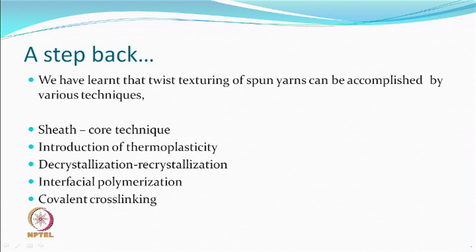Or, in the case of cellulosic, you can introduce thermoplasticity and use thermo-mechanical means. We can do it simply by solvents, decrystallization, recrystallization, in the case of any fiber for that matter, cellulosic material as well.